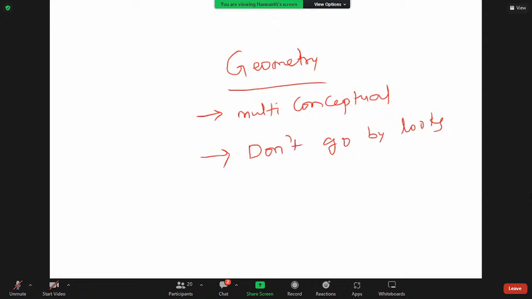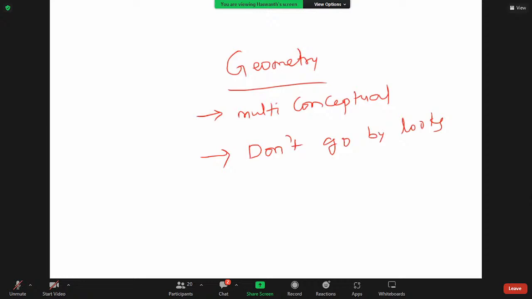If some information is provided in the figure, use it. But do not make any assumptions. All we can do is use the information given in the question or in the figure, and through our mathematical and geometrical reasoning, if we can deduce any facts, use them. But don't go by the looks, do not make any assumptions.